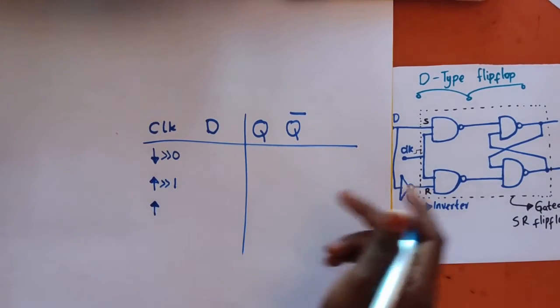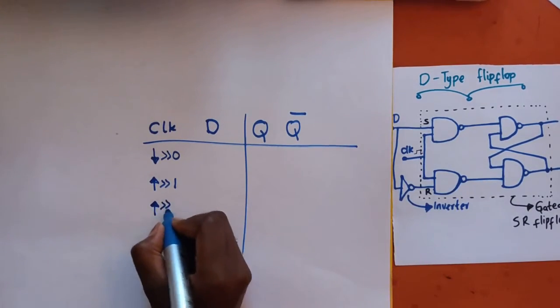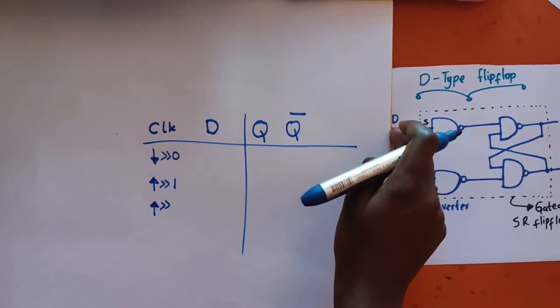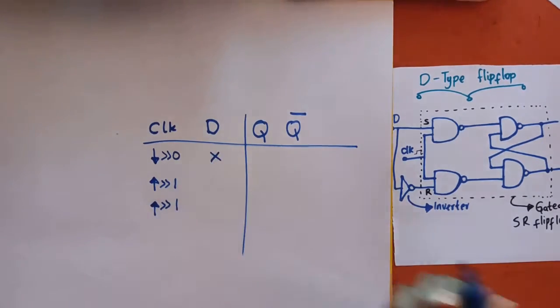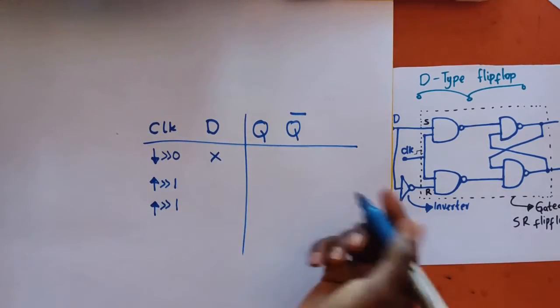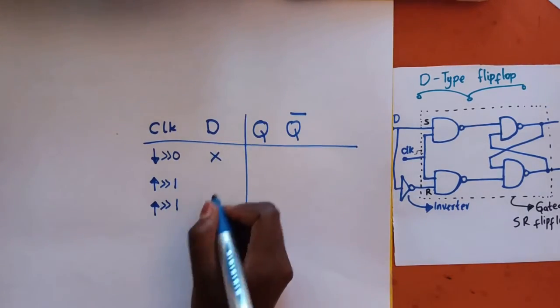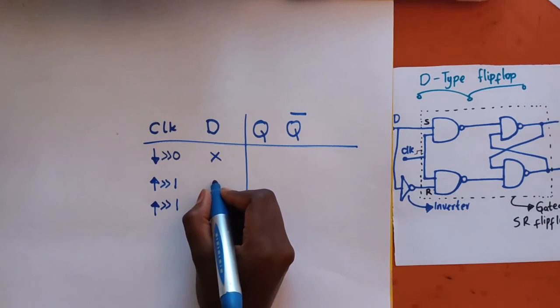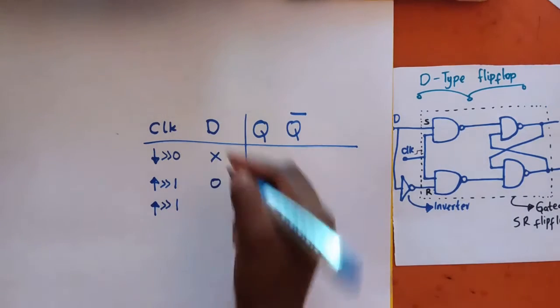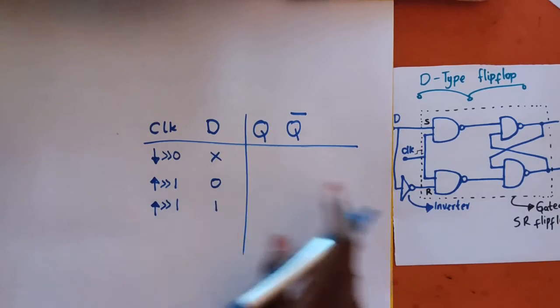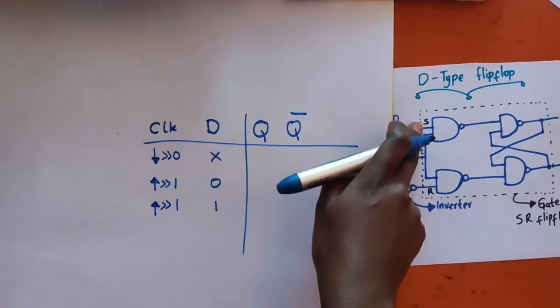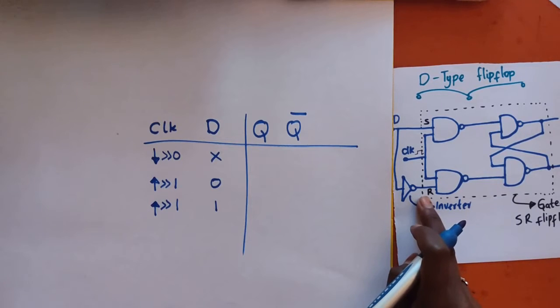So we only have 2 instances because the input only changes at 1 point. Here it doesn't really matter what the D input is because nothing will change. Then we have a 0 when the input D is 0 and when the input D is 1. Remember, when the input D is 0, S is 0, R is 1.